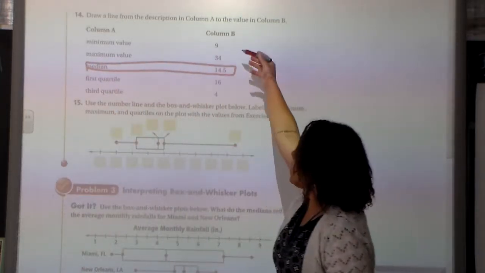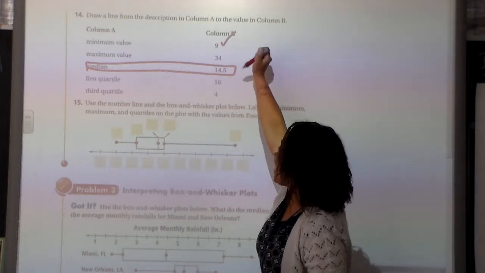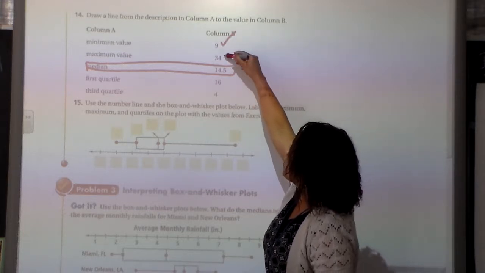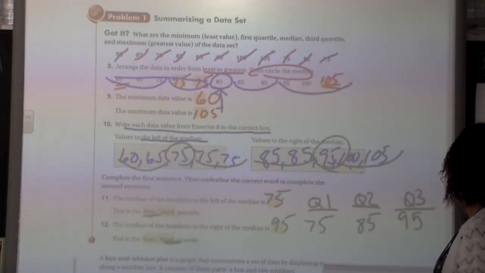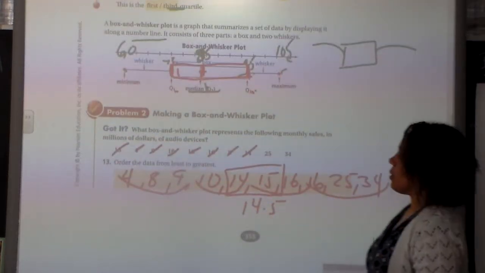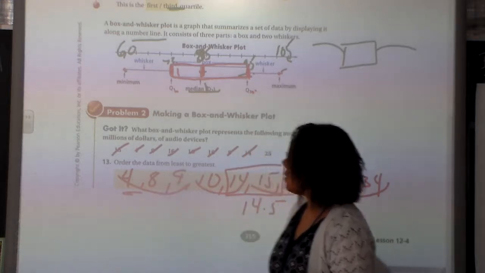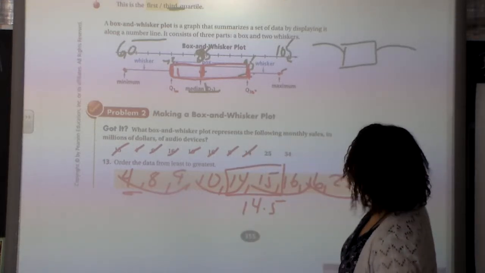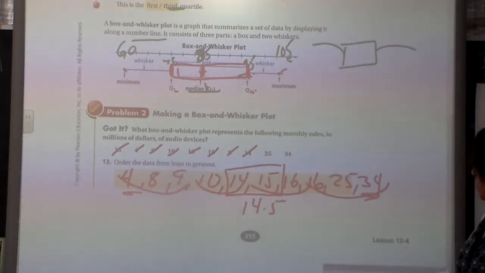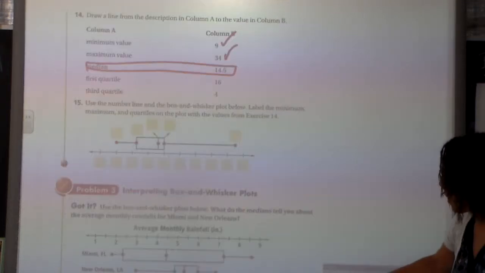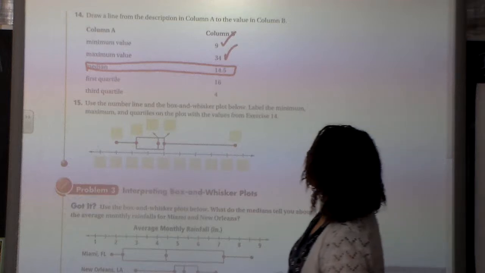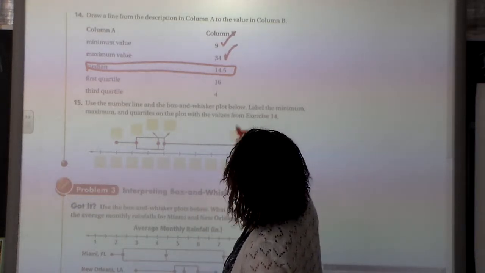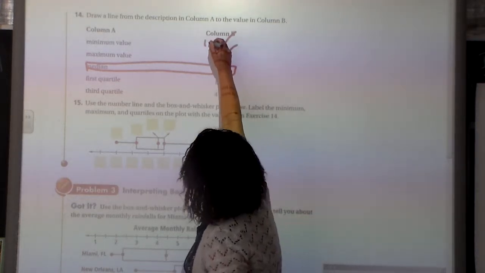They told us the minimum value was 9, and the maximum value was 34. Well, how did they get that? Here, my minimum value was actually 4, and here it was 34. I might have said that improperly. This should be a 4.